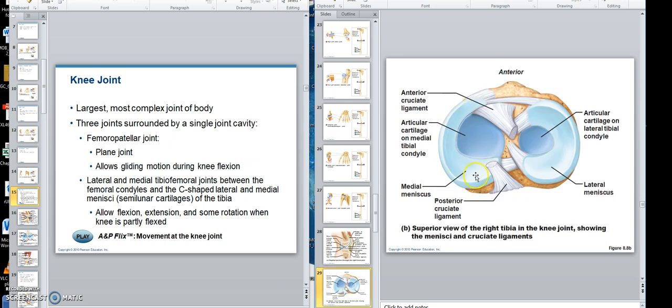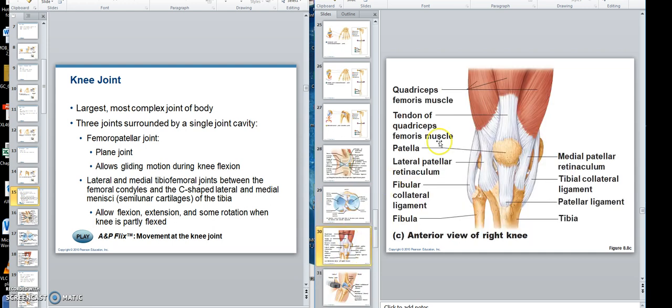See right here, this meniscus. You've heard of meniscal tears perhaps. Here's that cruciate ligament. Okay. Here's that knee again. See, that's that quadriceps, that medialis of the quadriceps coming down. Patella tendon right there.